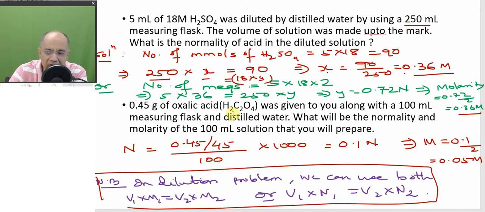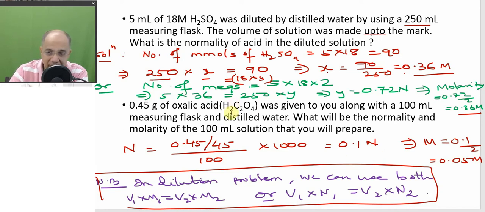Now, let's calculate the normality, because normality is the number of equivalents per liter, or the number of equivalents by the volume of solution in milliliter into 1000. So 0.45 by the equivalent mass, which you already know is 45, that is 90 by 2. So 0.45 by 45 by the volume in milliliters into 1000, we are getting the normality of the 100 ml solution as 0.1 N. It is a decinormal oxalic acid.